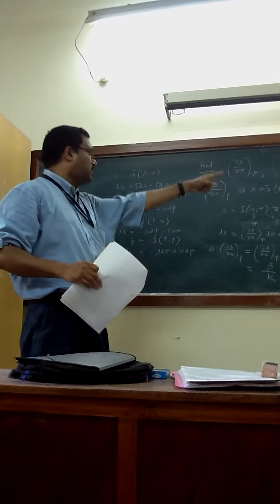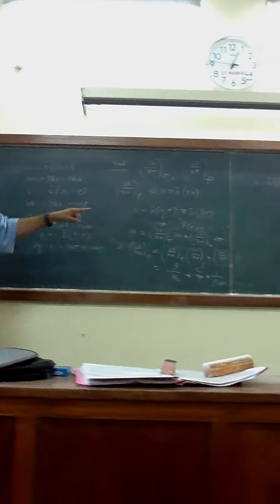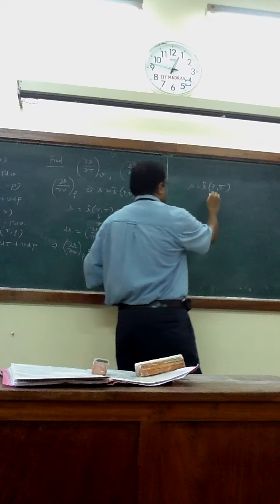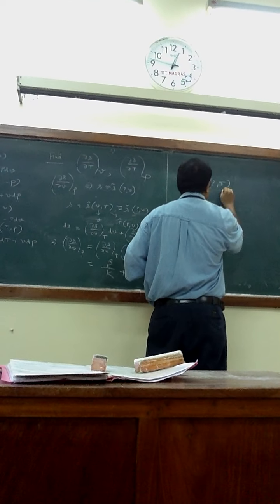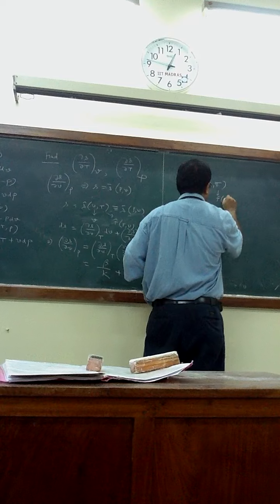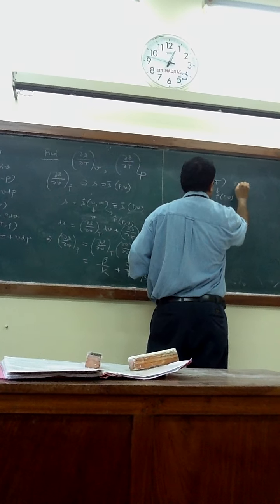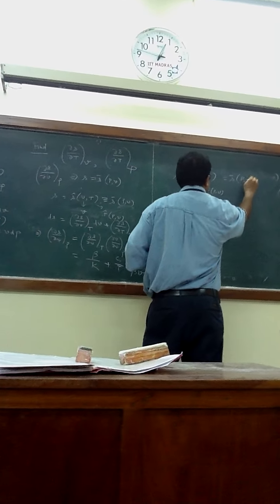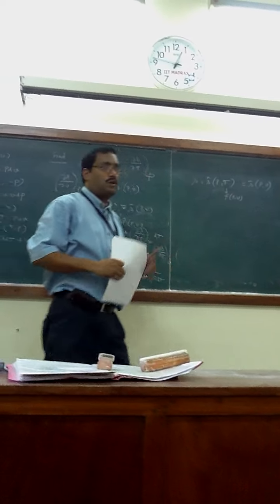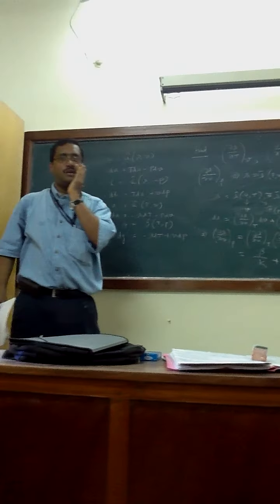If we approach from here, what will you get? You can also write this as a function of P and V, S bar of P and V. Will you get the same result?